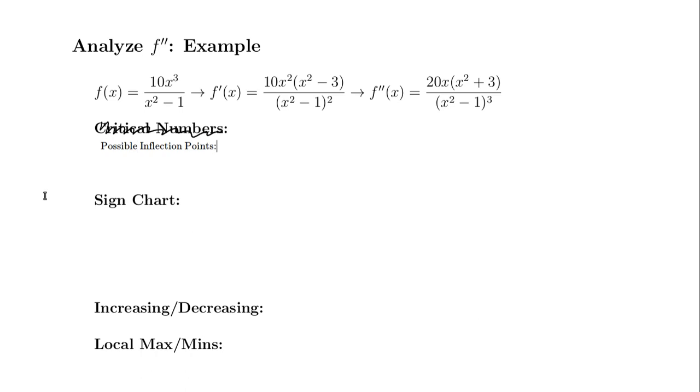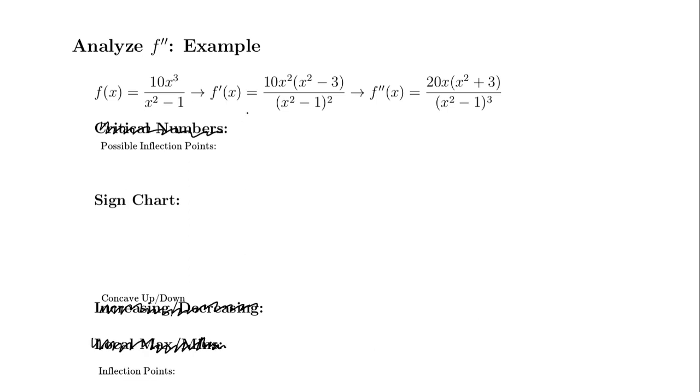And then instead of increasing and decreasing, we're going to be looking at concave up or down. And instead of local maxes and mins, we're going to be looking at inflection points. I'll go ahead and change that on your copy of the blank slides so that you can see that. So we're not talking about increasing or decreasing here. We're not talking about local maxes and local mins.